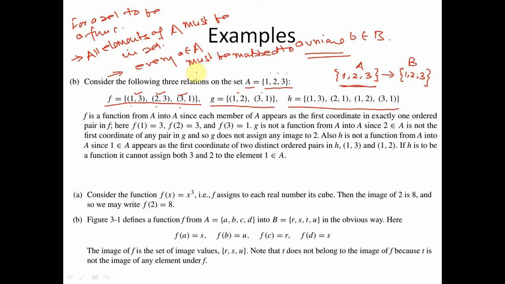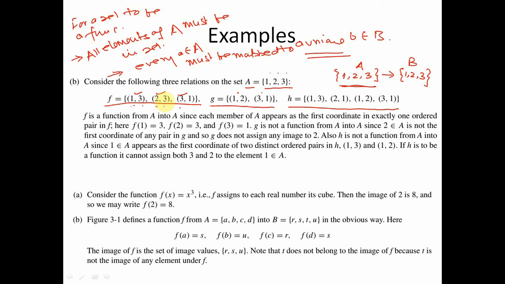Now what does the second condition say? The second condition says that every element a must be mapped to a unique element b belonging to B. Now please pay attention. Here is a perspective confusion. Now see, 1 is mapped to 3, 2 is mapped to 3.